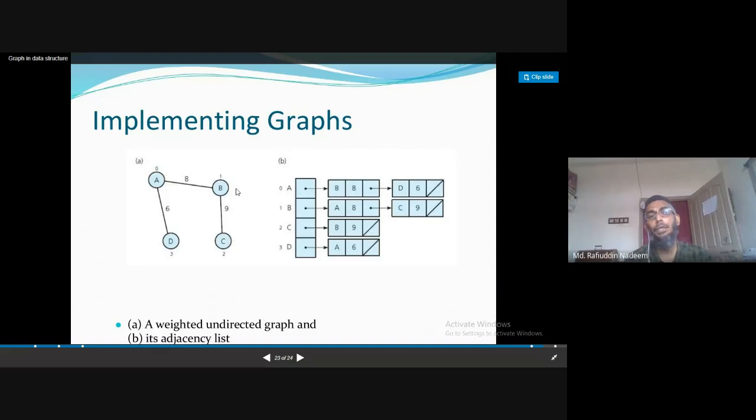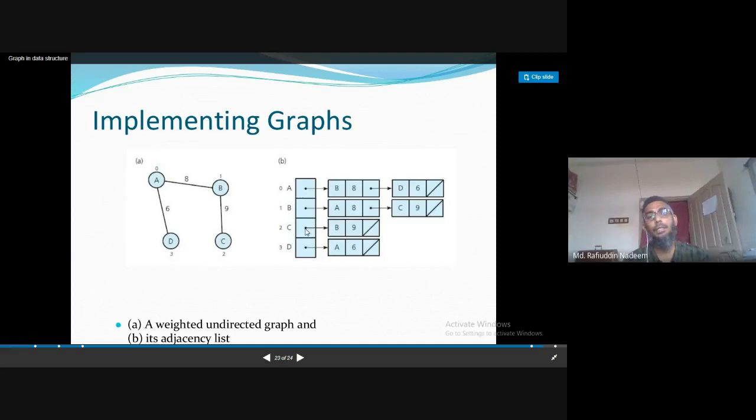Likewise, from B you have an edge to A as well as C. That's why it is mentioned as A and C. And don't think that you have to follow the same order. First you can write C, then you can write A. Or here also first you can write D, then B.